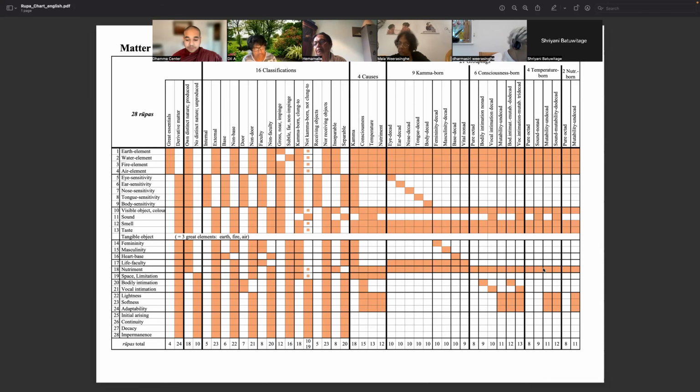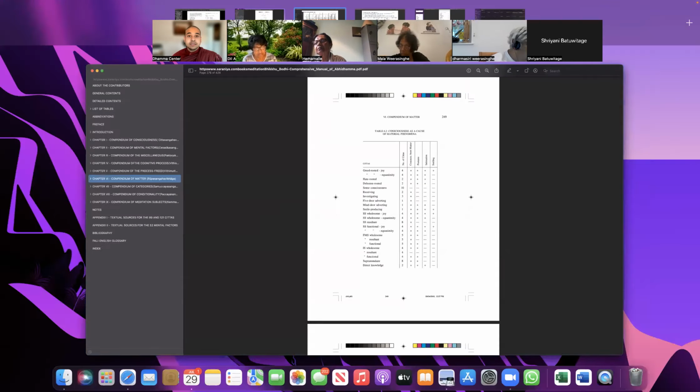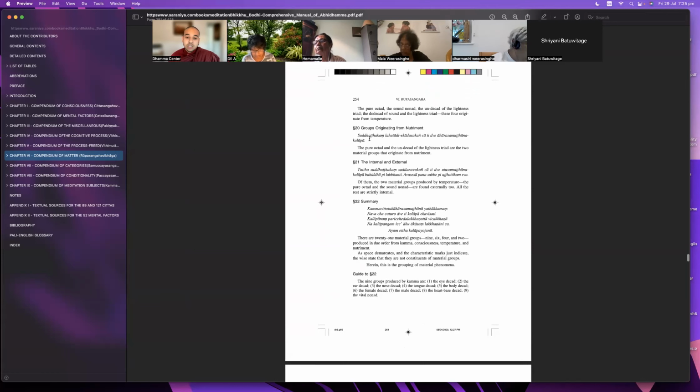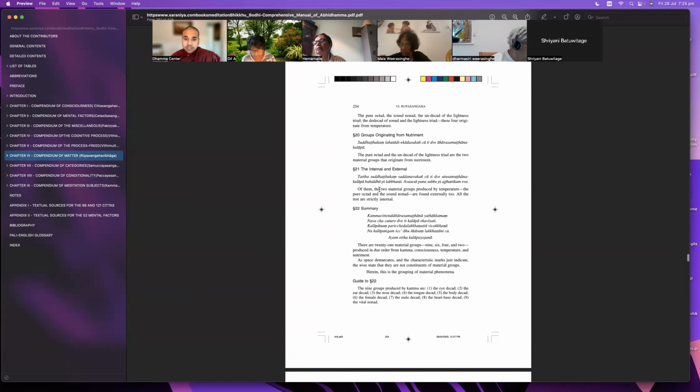Page 254, yes. Under 21, the internal and external. Got it. At the bottom of 253, Bhante.